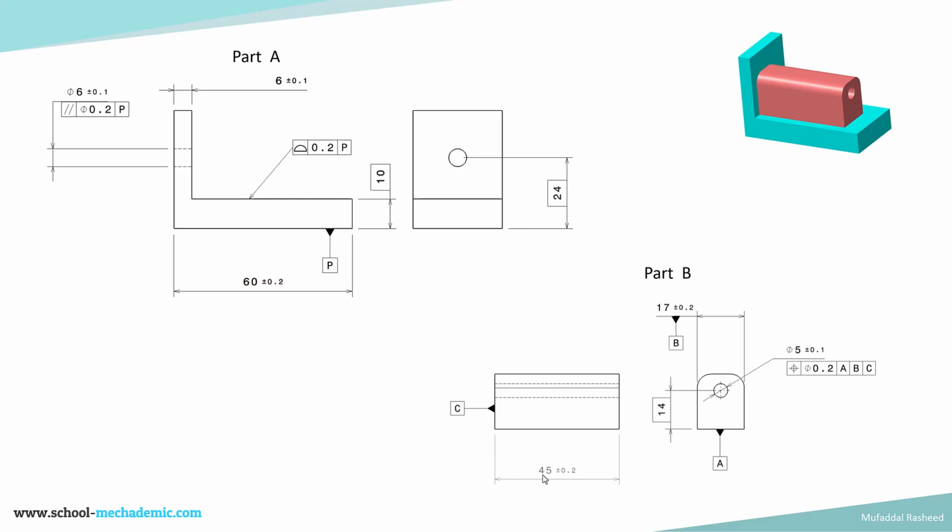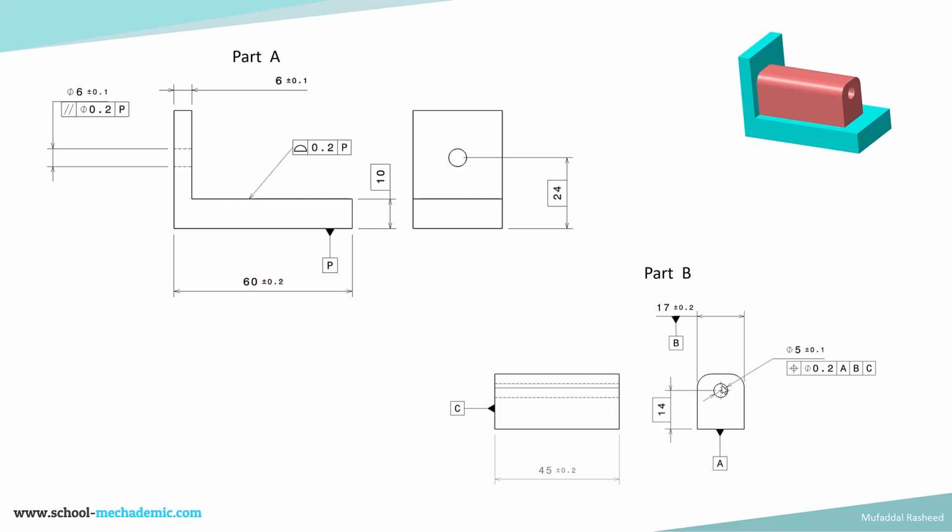So the total length is 45 plus or minus 0.2, and the position of the hole is being controlled within a cylindrical tolerance zone of 0.2 with respect to datum A, B, C, and the size of the hole is 5 plus or minus 0.1, and the basic dimension is 14 from datum feature A, which is controlling its vertical position and orientation.